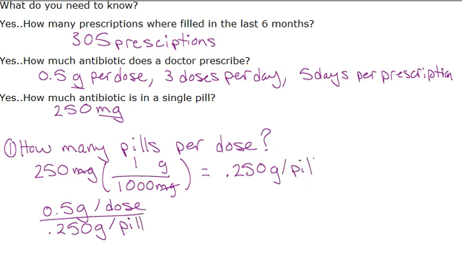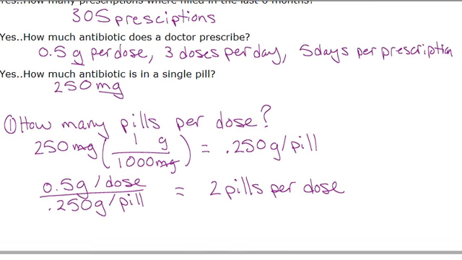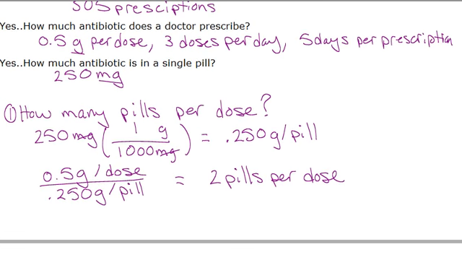I can just write that up here as well. So if we do that, 0.5 divided by 0.250, or just 0.25, you'll see that there are 2 pills per dose. So that makes it easier then to go ahead and solve the rest of the problem.